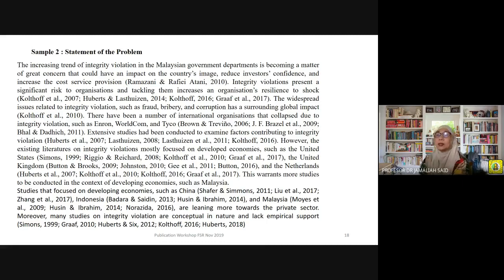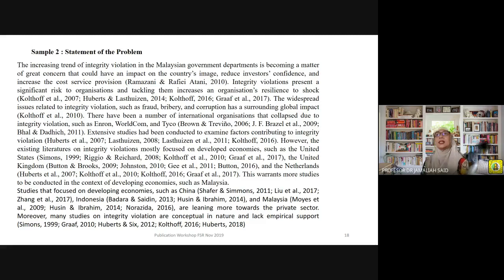Actually, just now the title of Afzal's thesis is on integrity violation among public Malaysian government. So I just read a bit. The increasing trend. He started with integrity violation, the dependent variable, the main issue of his study.